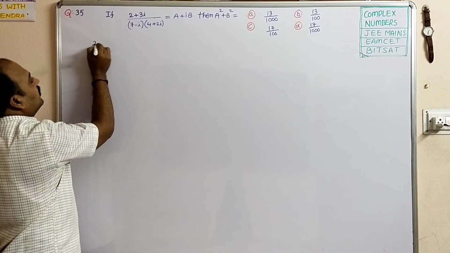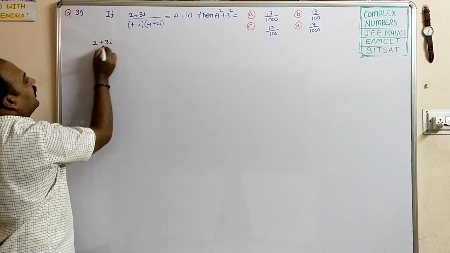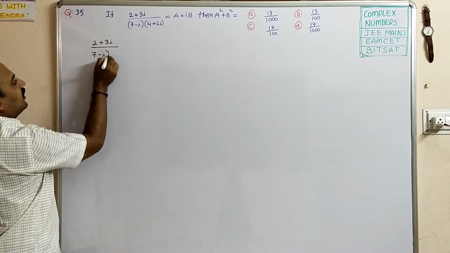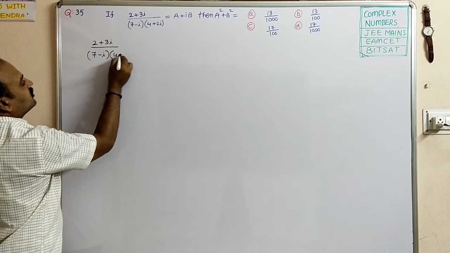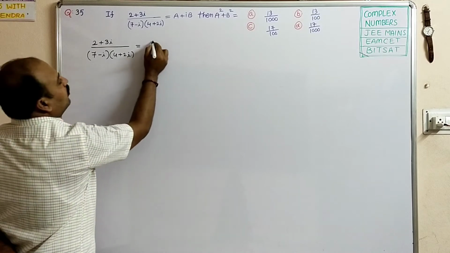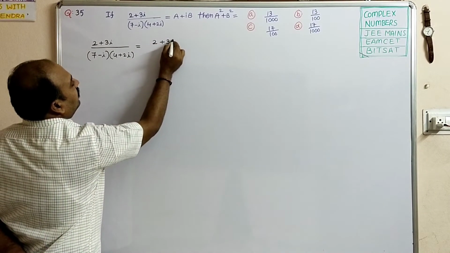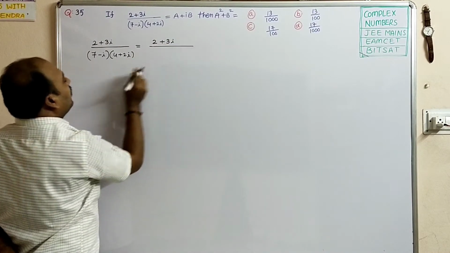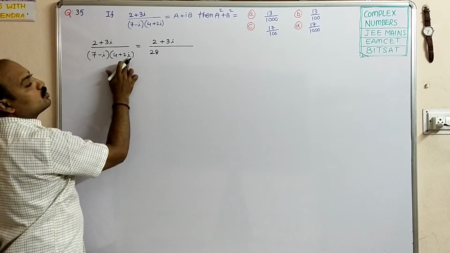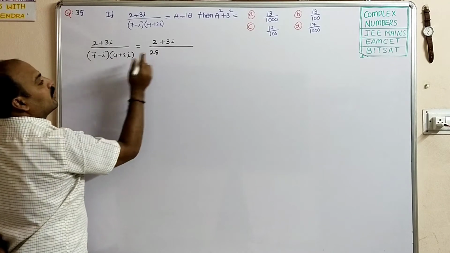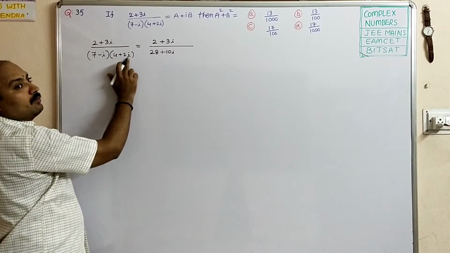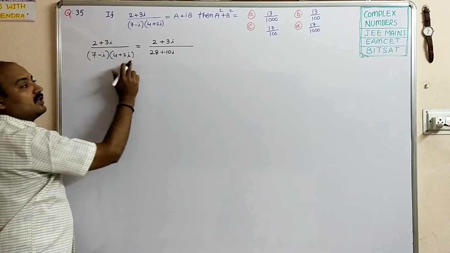So first, the given complex number you have to simplify. 2 plus 3i divided by (7 minus i) into (4 plus 2i), which is equal to 2 plus 3i by 7 4s are 28, 7 into 2 14, 28 plus 14i minus 4i minus 2i square, i square value minus 1, so plus 2.